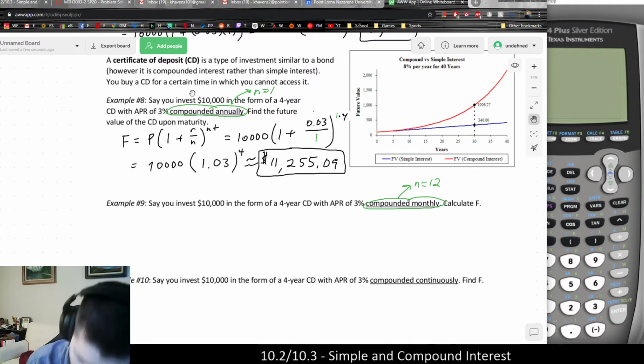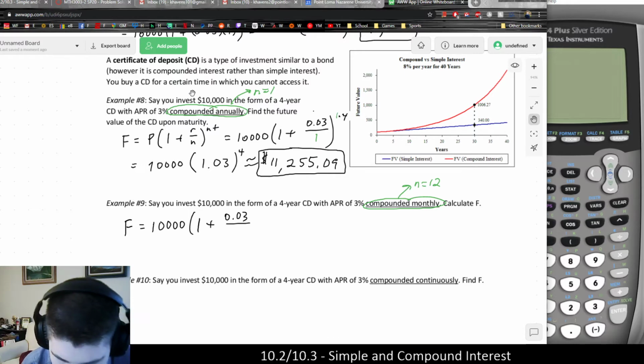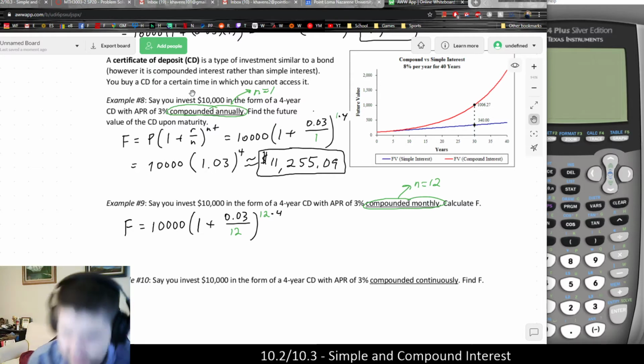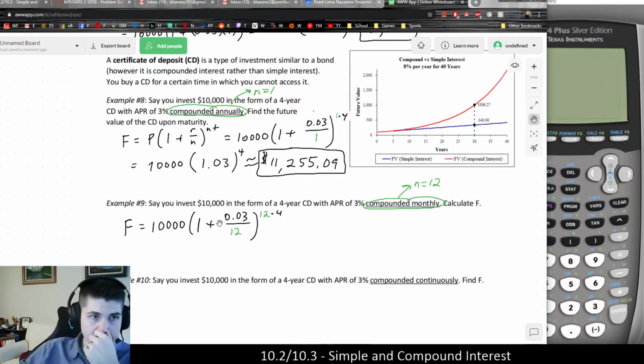In the compound interest formula, which is the exact same as above, we start with the principal, multiply by 1 plus the interest rate, but the difference here is that it's divided by the number of times it's compounded, which I'm changing to 12. Otherwise, we're using all the same parameters: 4 years, 3%, $10,000 principal, and here we go.